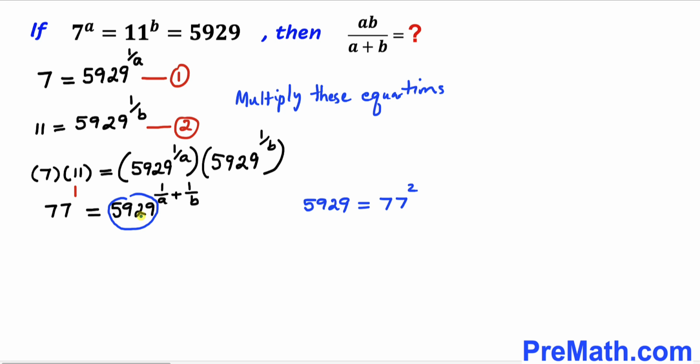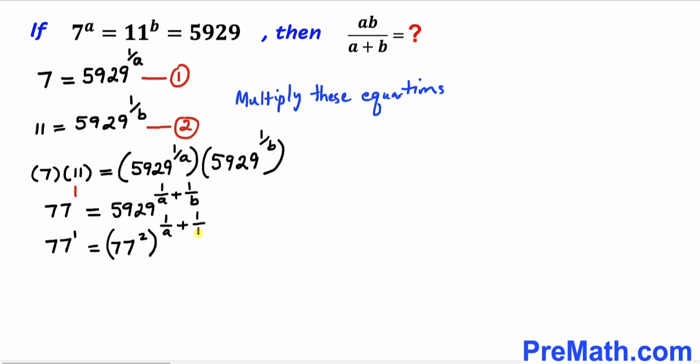So therefore I can replace this 5929 with 77 power 2. So therefore we can write 77 power 1 equal to 77 power 2 and then whole power 1 divided by a plus 1 divided by b.